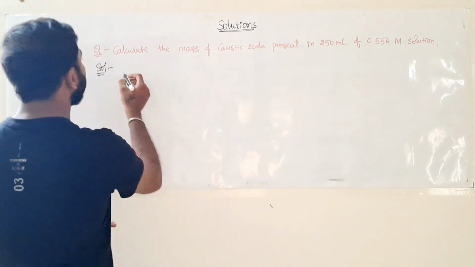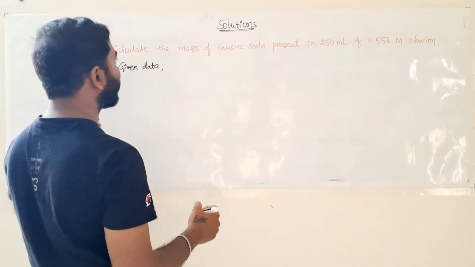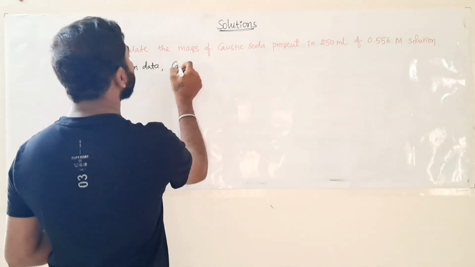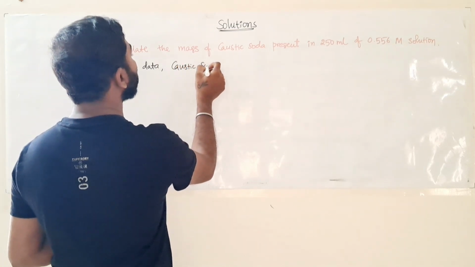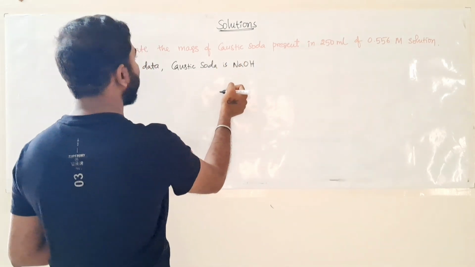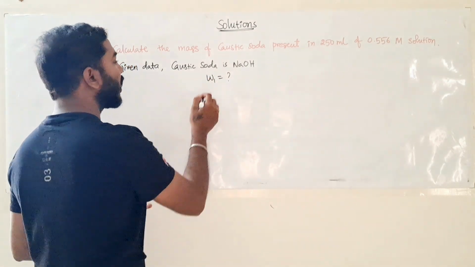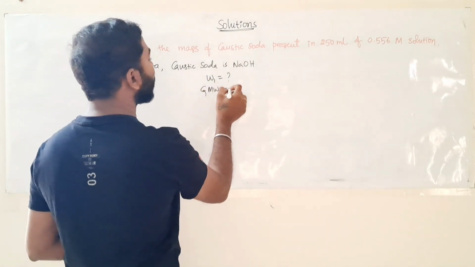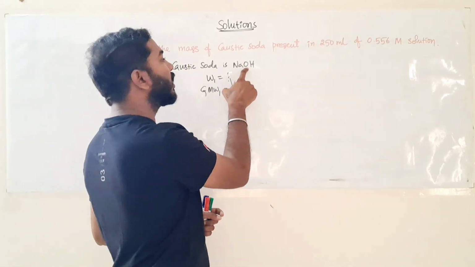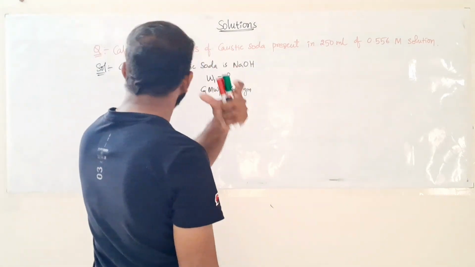Let us write down the given data and make a habit of doing so for every question. The given data is caustic soda. What is the formula of caustic soda? Caustic soda is NaOH, sodium hydroxide. They are asking us to calculate the weight of the caustic soda, and for that we know the gram molecular weight is 40 grams, because sodium is 23 grams, oxygen 16 grams, and 1 gram for hydrogen, altogether 40.